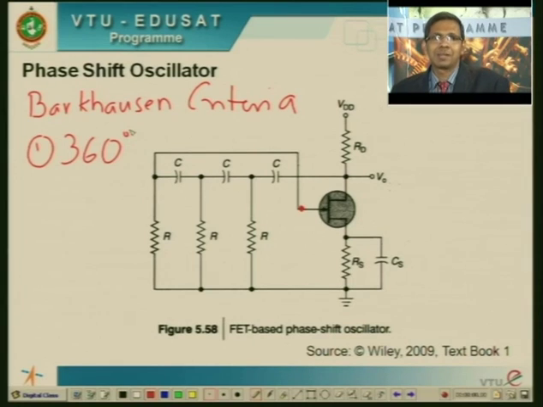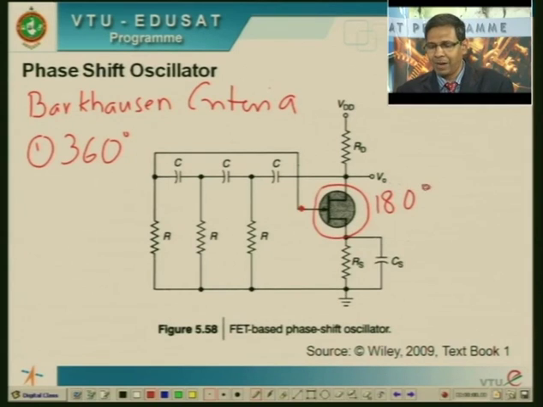Now are we able to satisfy that condition with this circuit? The answer is yes. How is that? The JFET that we have here provides an inverter, right? It provides an inverting sort of behavior, in the sense if you apply an increasing input, the output becomes decreasing. That's what we call a phase shift of 180 degrees.